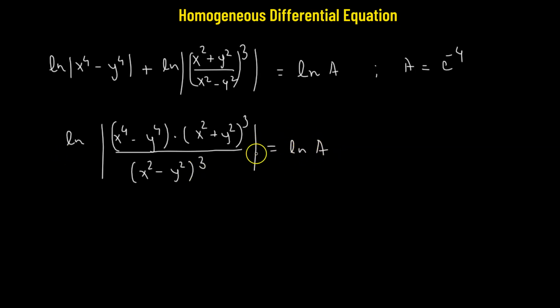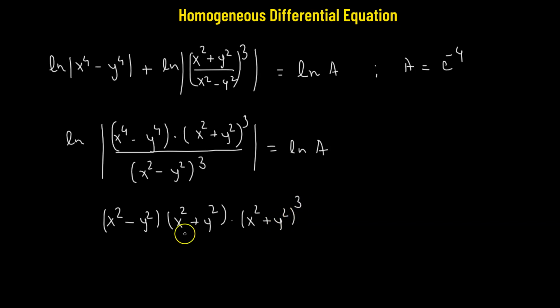Now we can get rid of the logarithm from both sides. And also we have x raised to the power of 4 minus y raised to the power of 4, so we can rewrite this as (x squared minus y squared) multiplied to (x squared plus y squared) times (x squared plus y squared) whole raised to the power of 3 divided by (x squared minus y squared) raised to the power of 3.